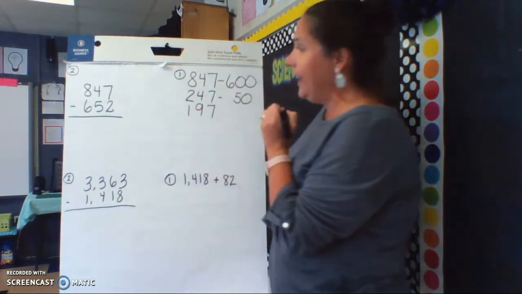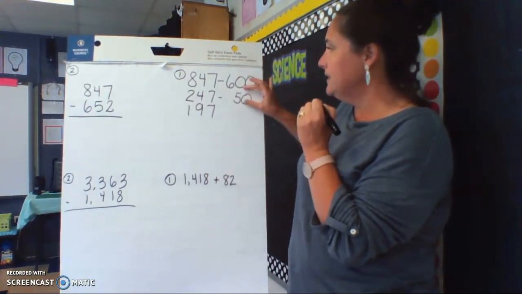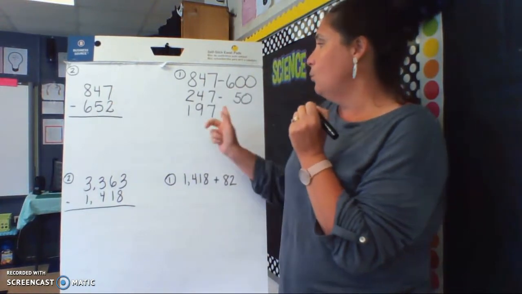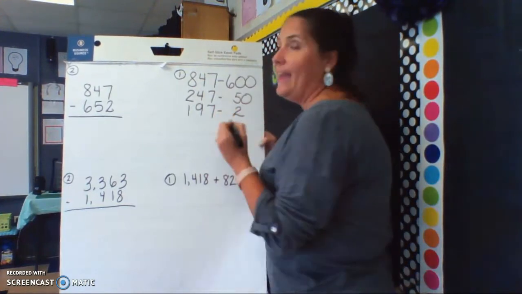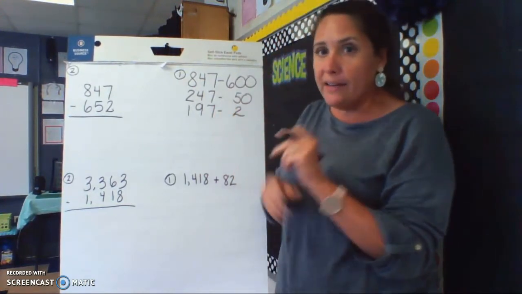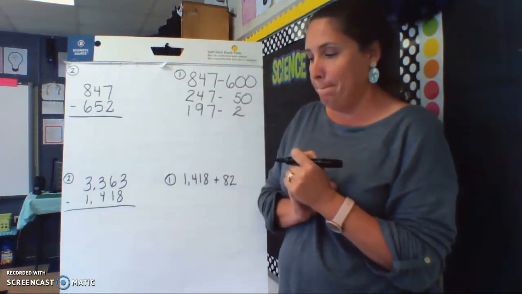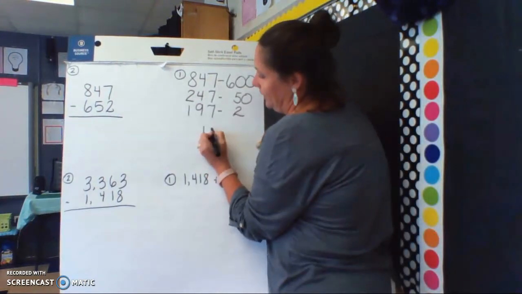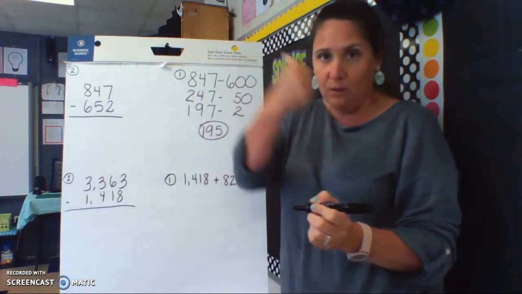So now I have 197. I've subtracted my hundreds, my tens, and now I have to do my ones. So now I have to say 197 minus 2, and that gives us the final answer of what? If you said 195, kiss your brain, because you got that problem correct.